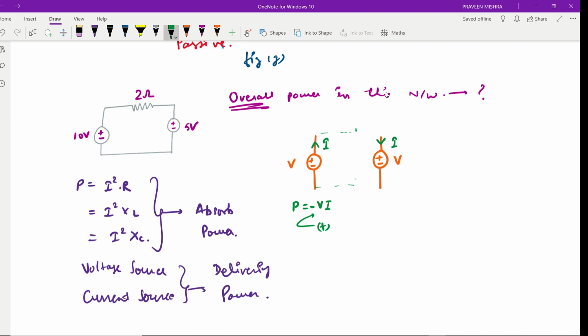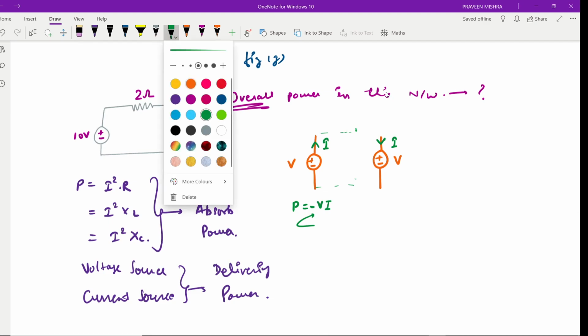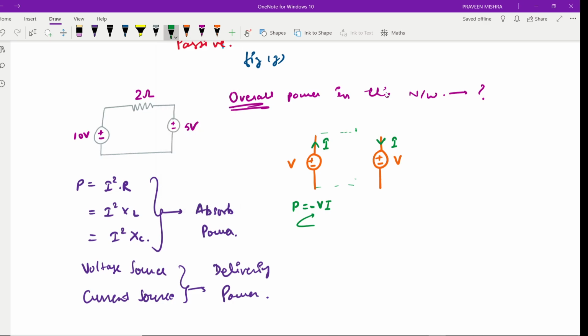So if it is negative, then it will deliver the power, as a source. But if current is entering the positive terminal of the voltage source, then P will be positive plus VI.